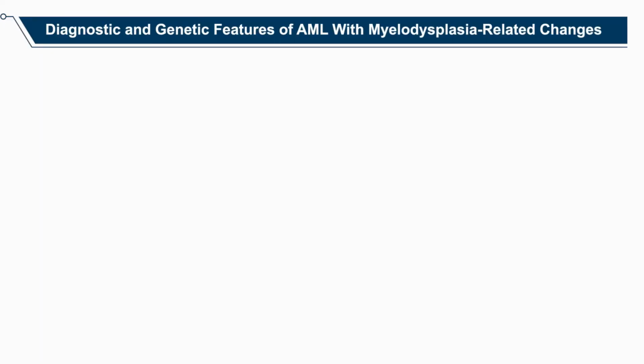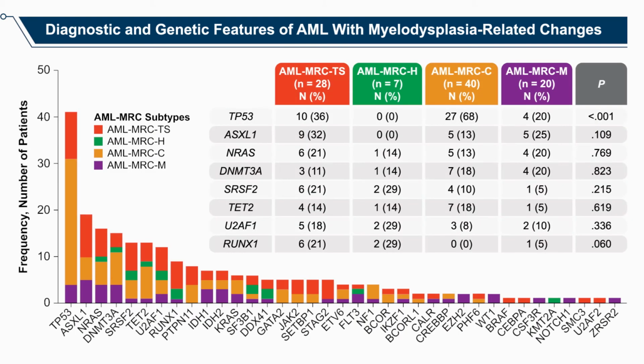So we talked about morphologic features, but what are some of the other diagnostic or genetic features of acute myeloid leukemia with myelodysplasia-related changes? This is a study that was recently published where the investigators looked at a series of secondary AMLs, which included AML with myelodysplasia-related changes diagnosed based on an antecedent history of a chronic myeloid neoplasm, indicated with an H here.